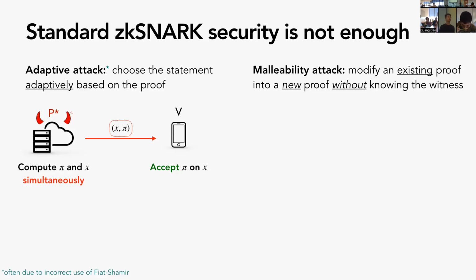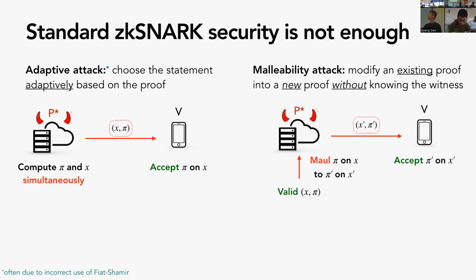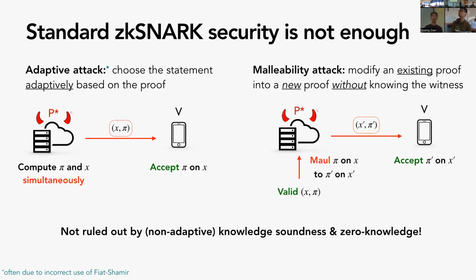Secondly, we have malleability attacks. In these attacks, the prover may modify a valid proof to a new proof without necessarily knowing the witness. These properties are not ruled out by either non-adaptive knowledge soundness or by zero knowledge.